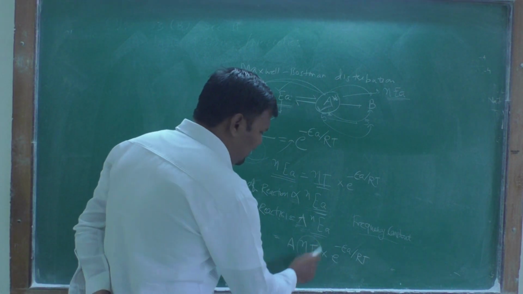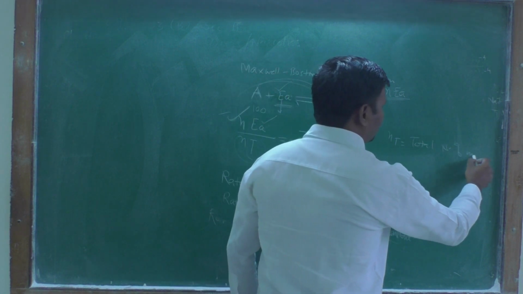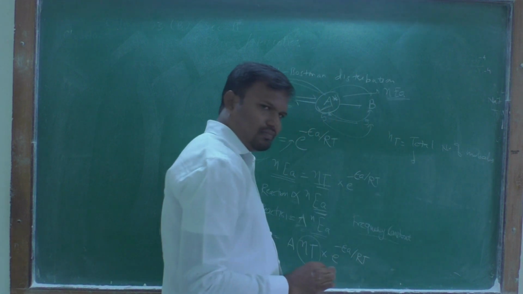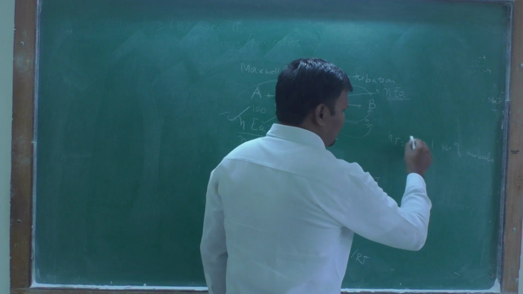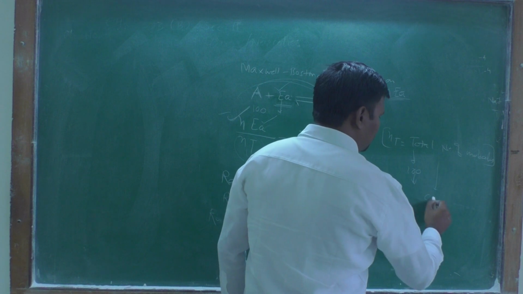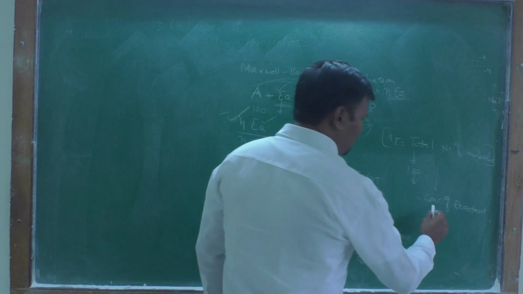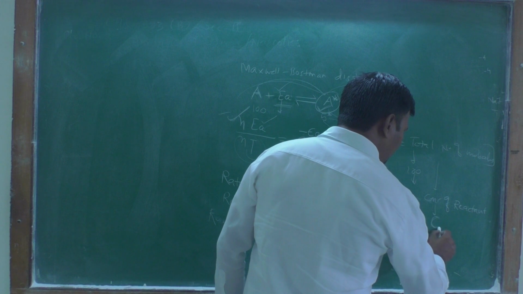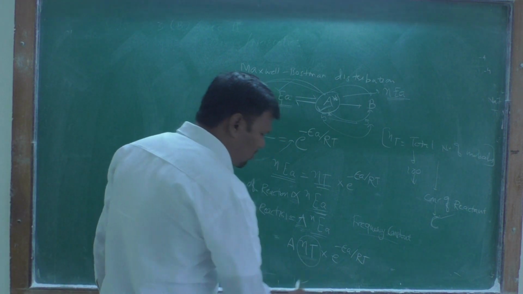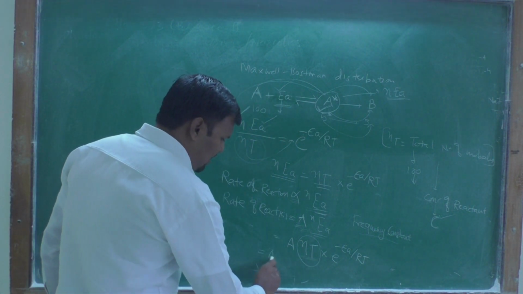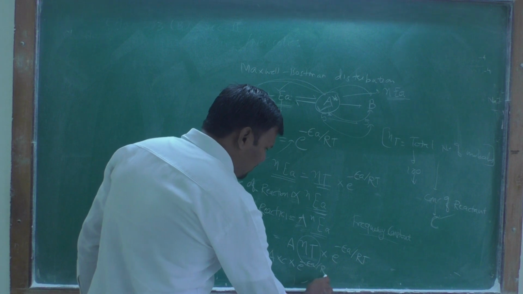What is the meaning of N_T? N_T is the total number of molecules of reactant. If N_T is 100, then its concentration is 100. So this is nothing but the initial concentration of reactant, which we denote by C. Therefore the rate equals A into C into e raised to minus Ea upon RT.